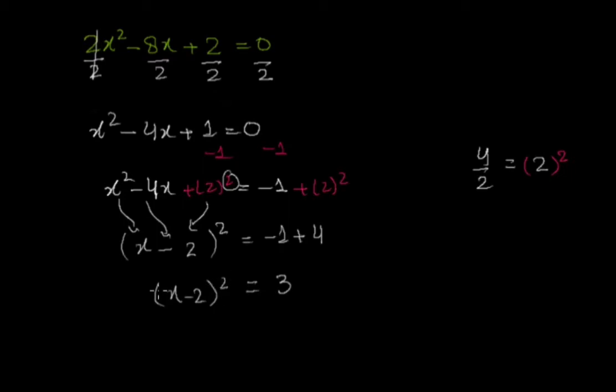Now we remove this square, and for this we take the square root on both sides. Now this square cancels with this square root and it becomes x minus 2. And our right hand side is the square root of 3 with positive and negative sign. Now we isolate the value of x, so we move this term to this side.